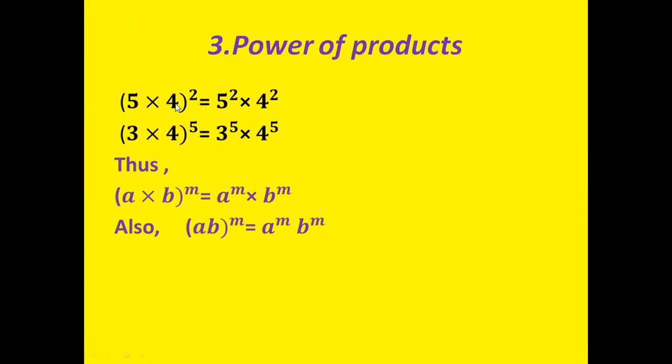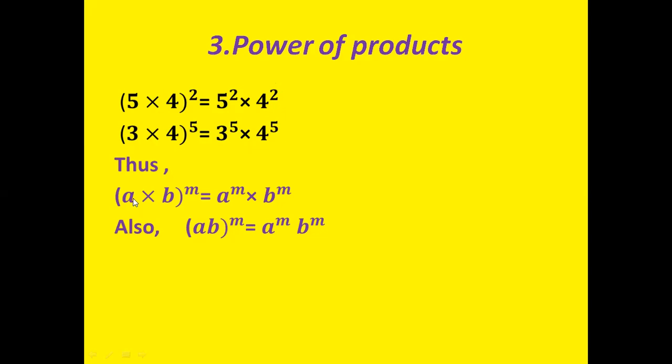And when you remove this bracket, you will have 5 square into 4 square. Similarly here, 3 multiplied by 4 whole to the power 5. It means this 5 is the power of 3 also and 4 also. Then when you remove the bracket, 3 to the power 5 into 4 to the power 5.